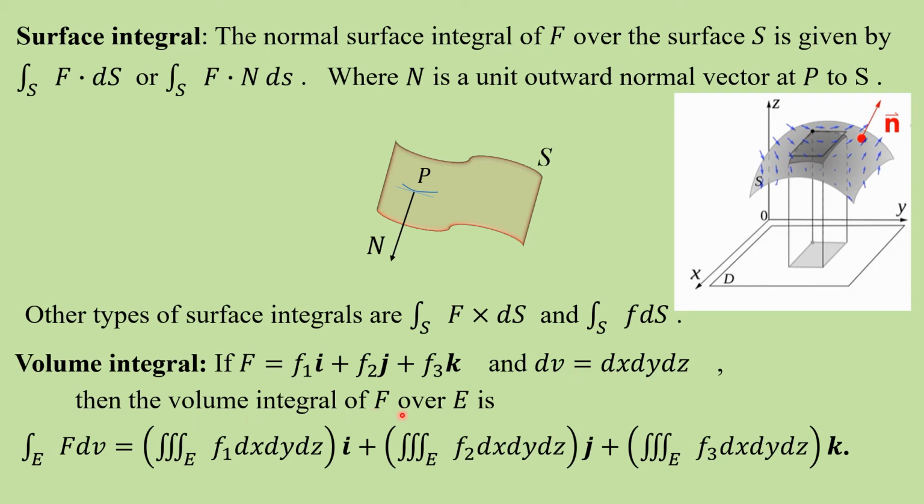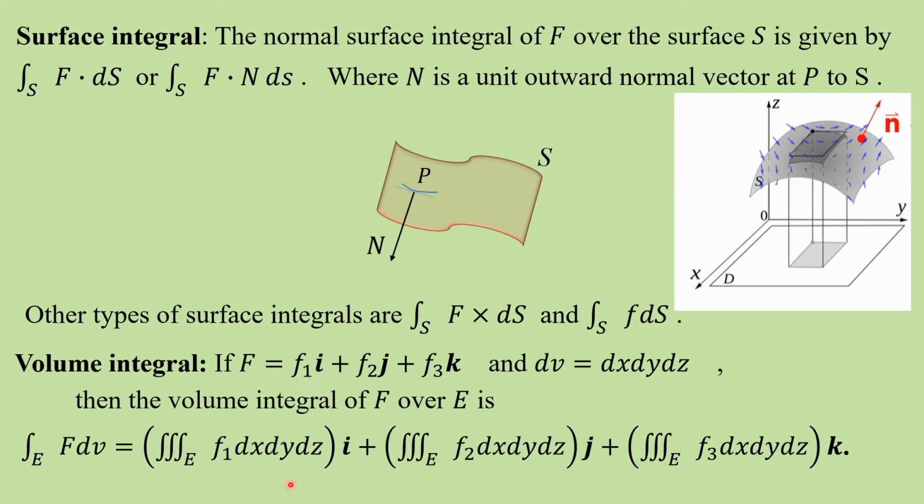Then the volume integral of f over E is nothing but a triple integral. We have to integrate component-wise with respect to x, y, z, taking the corresponding limits of x, y, z. All of you are thorough with the triple integral concept, so we can integrate that.